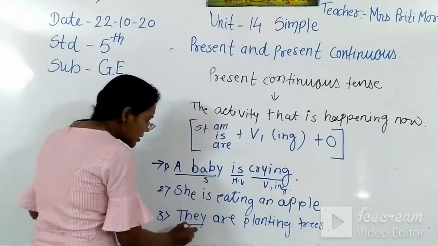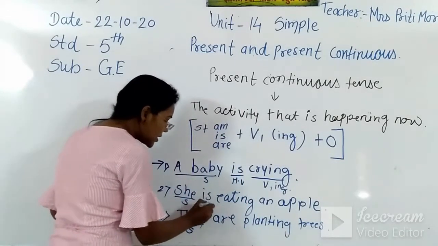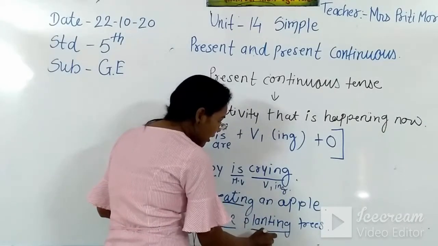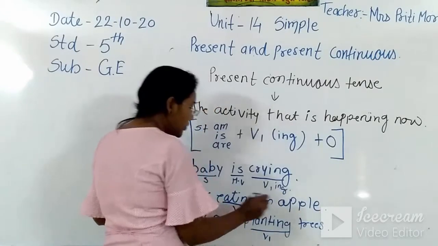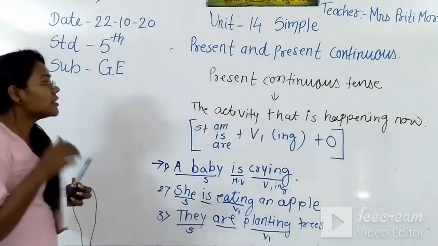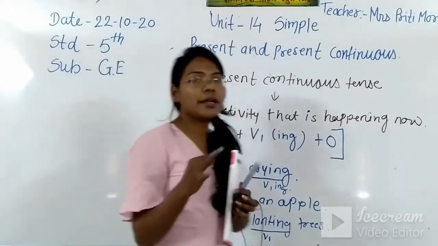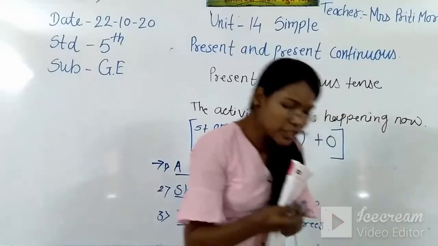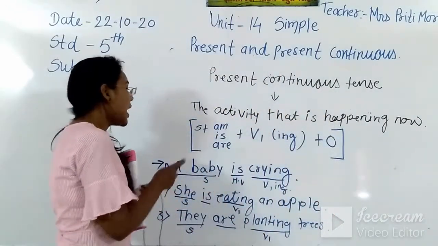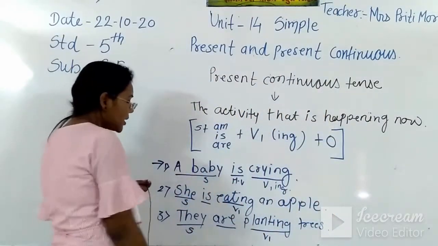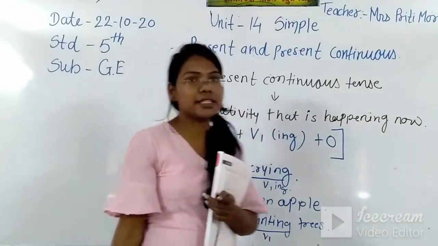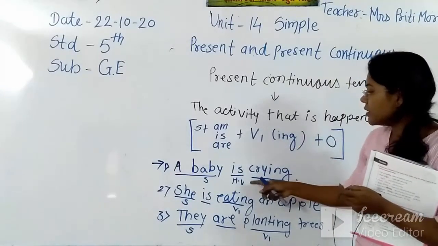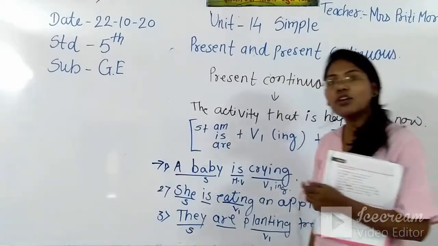Here is the subject, this is the helping verb, and eating, planting are the verbs with ing. To show the action is happening now and is going on, we use the present continuous tense. This is the formula and these are the examples. So student, you just note down this formula and these examples in your notebook.